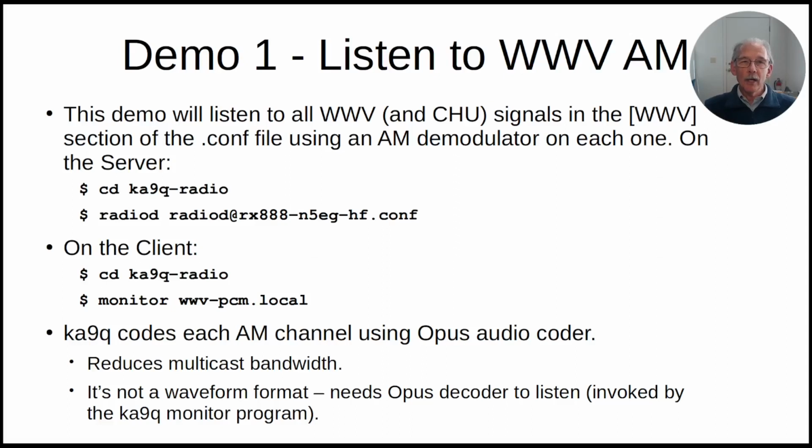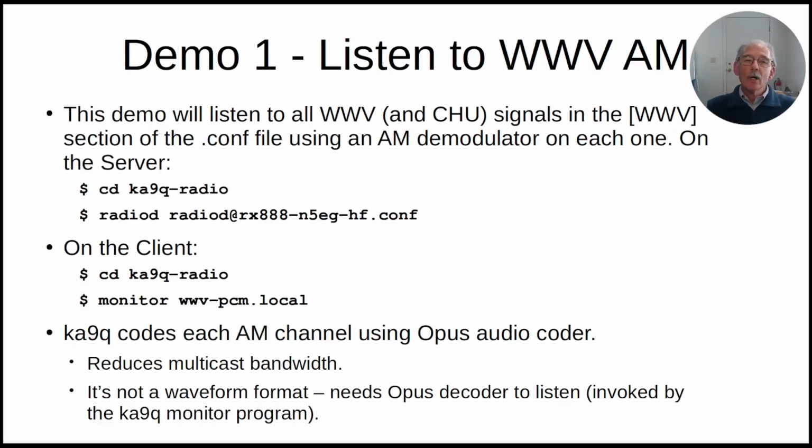Then over on the client, which is our Linux PC with a mouse and a display, we'll also change into its ka9q radio directory, just using a local terminal on the client. And then we'll execute the monitor program, and the monitor program will let us listen to all of those WWV PCM streams, or all the channels on the PCM stream.